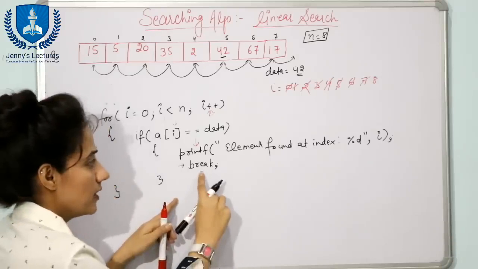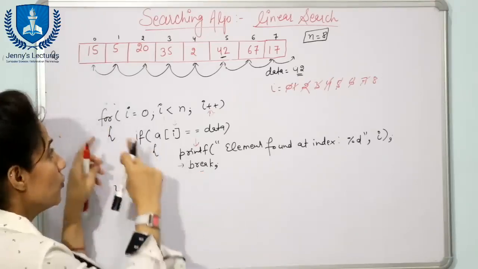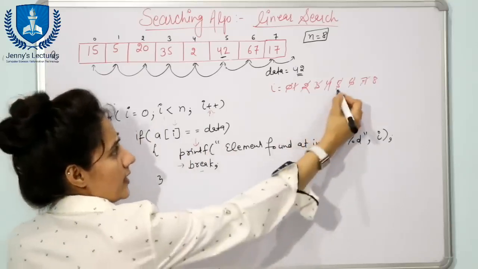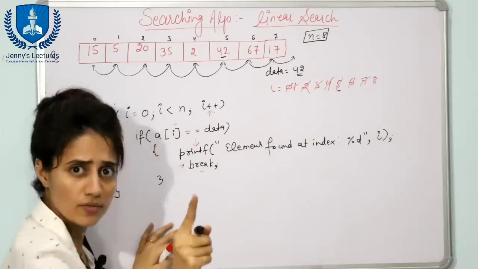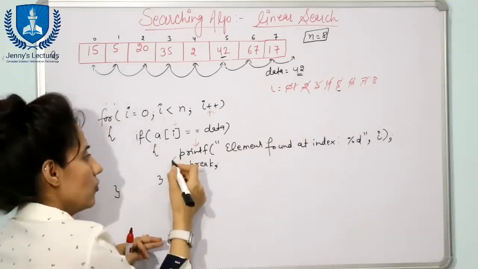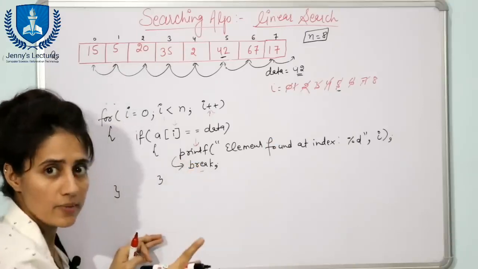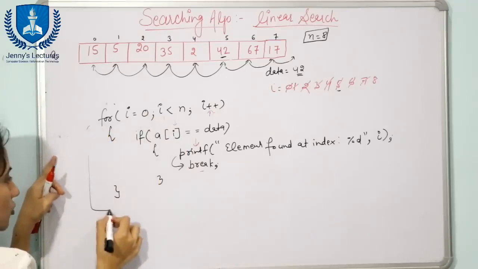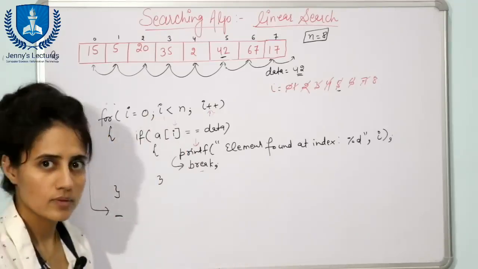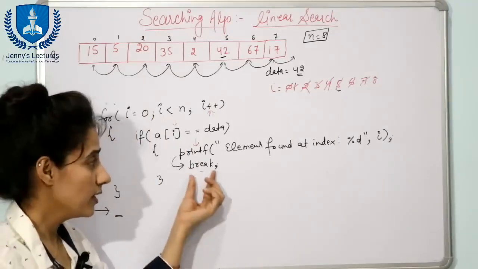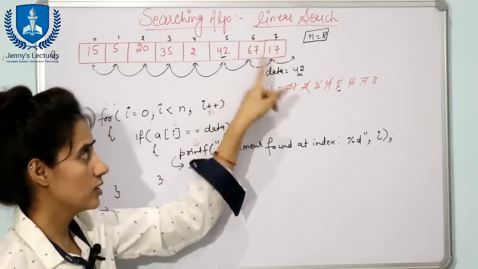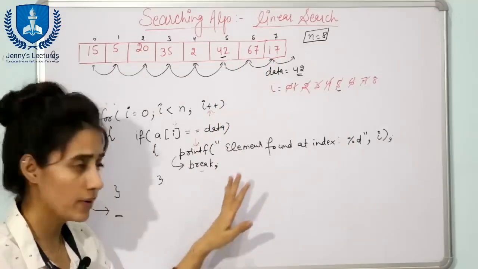Now which loop is the break statement written in? This for loop. So we found the data at index 5, right? Again control will go to break. Break means the control will go out from this loop, here only. Now if you write this break, then we will not search for this location and this location. This is the stopping condition now.